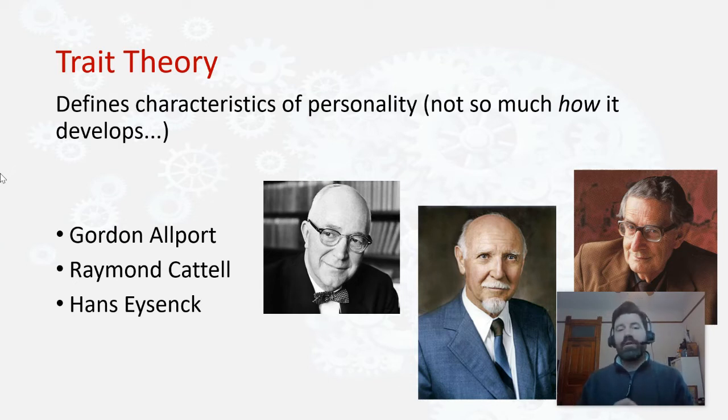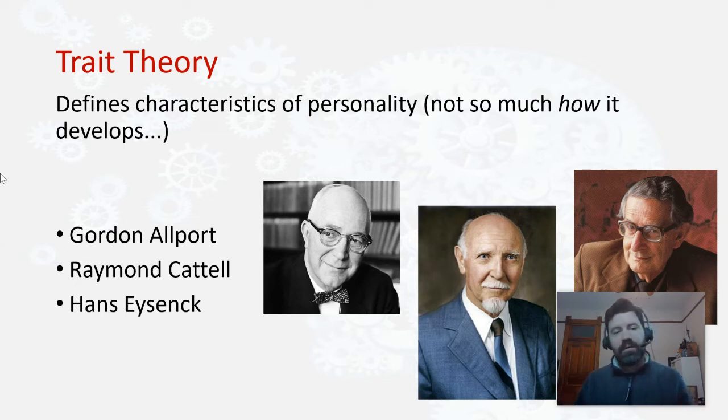Again, we need to make sure that we can differentiate personality from identity, right? And that sometimes confuses students. So when you're thinking about trait theory and your personality, these are characteristic patterns of how you think about the world, how you feel day in and day out, and these different behaviors that you participate in.